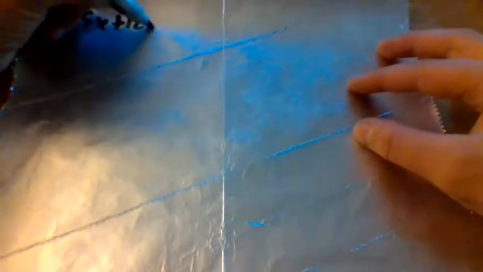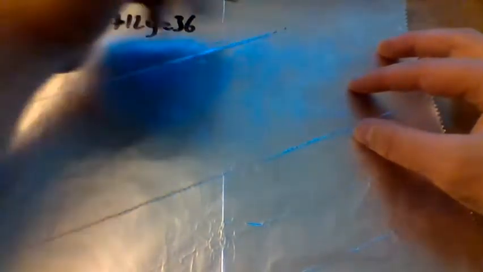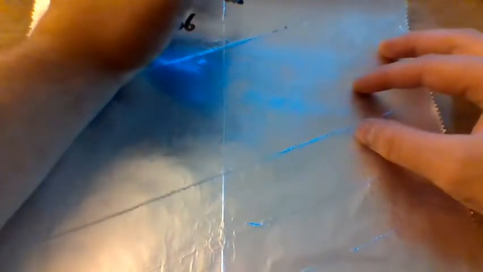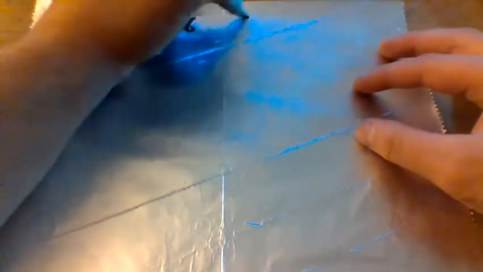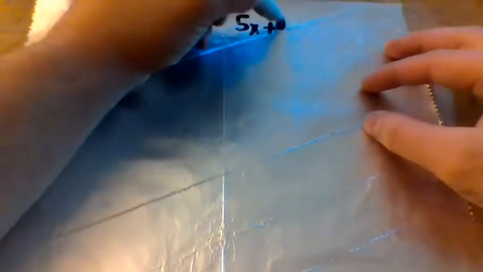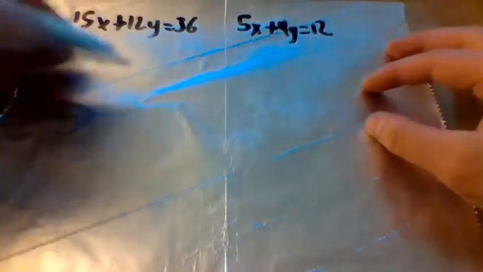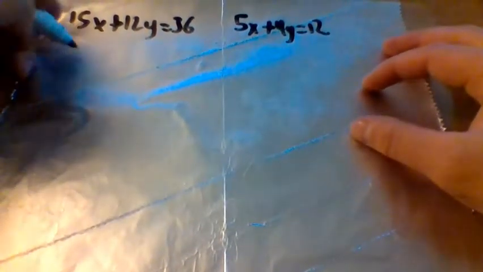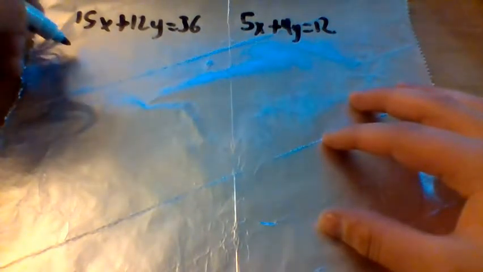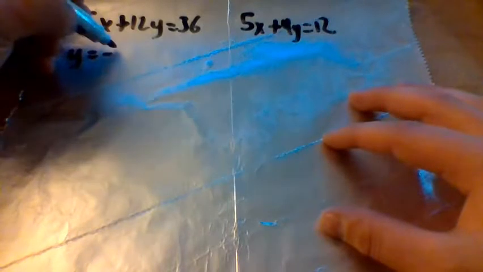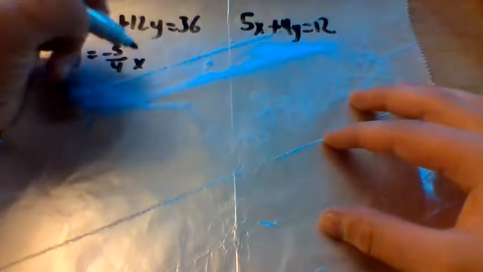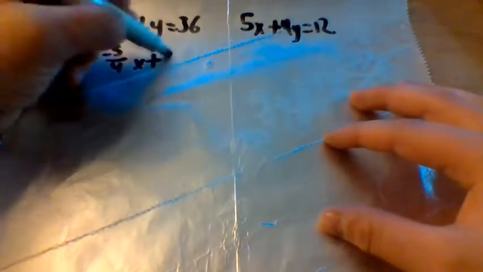So if you take 15x plus 12y equals 36, and also 5x plus 4y equals 12, and then you simplify them down to y equals, this one will be y equals negative 5/4 x plus 3.